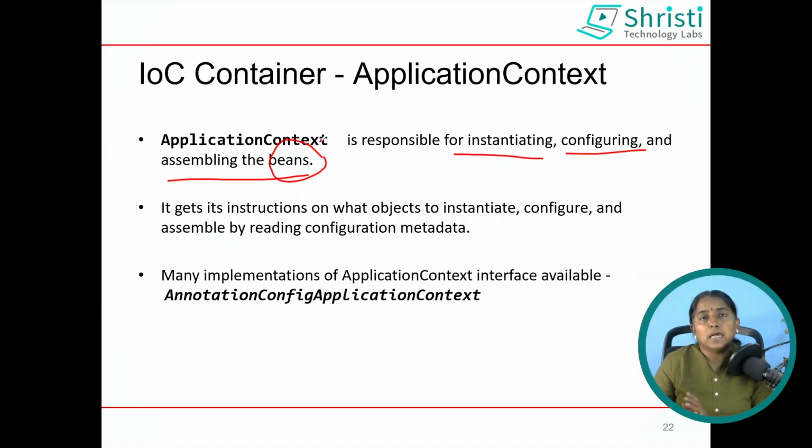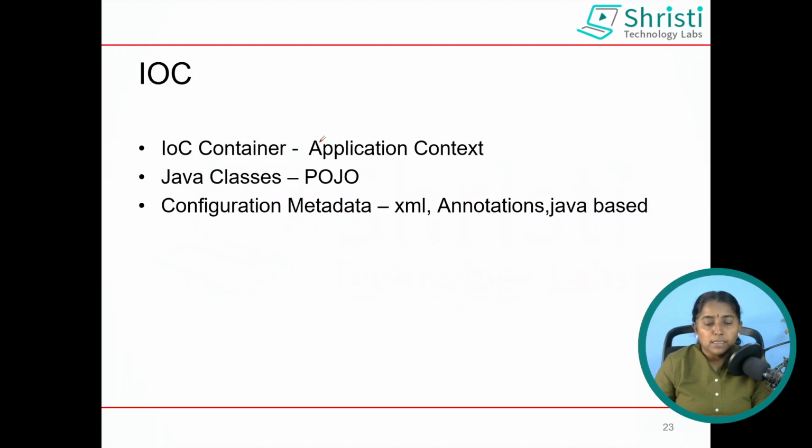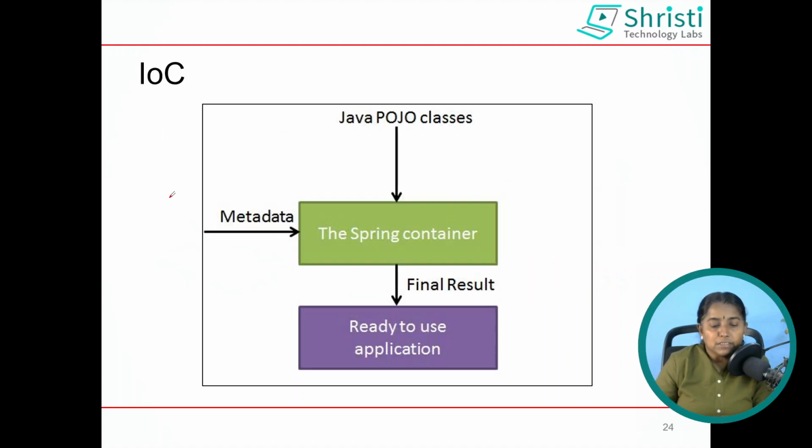Okay. There are many implementations of ApplicationContext available. While doing the program, we will see that. Okay. Let us see the pictorial representation. As I told you, this is the IoC container. These are the Java POJO classes and this is the metadata configuration. My dear guys, just like how you are working in Java, you will be working in Spring.